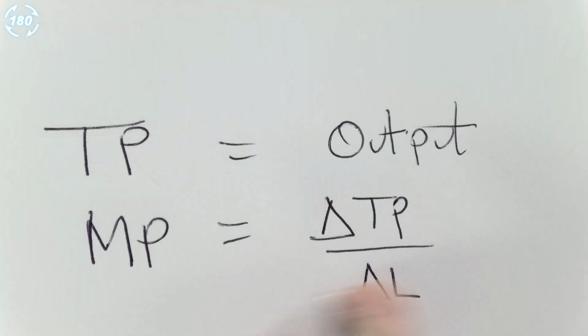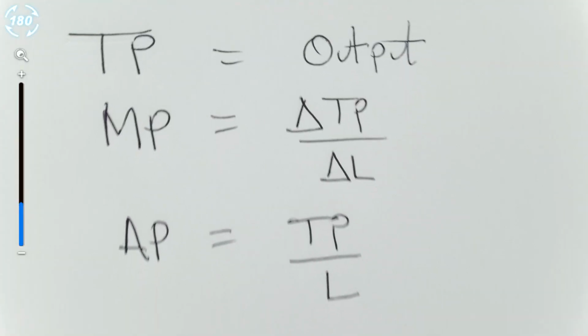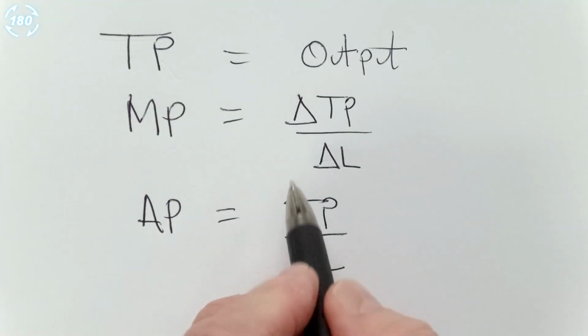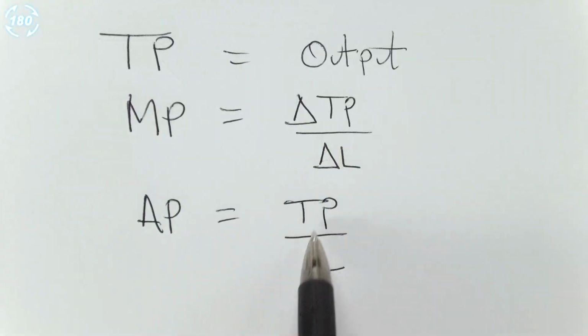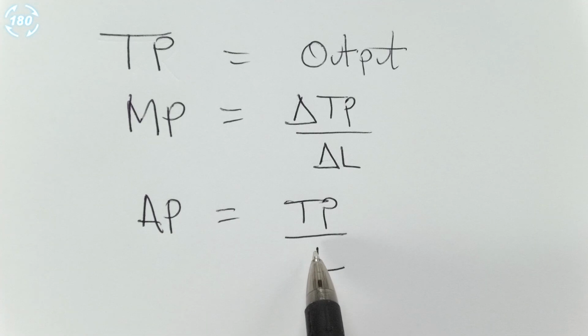Average product, AP, is the total product divided by the units of labor that you employ to make the total product. Average anything is a total divided by the number of units that produces that total.